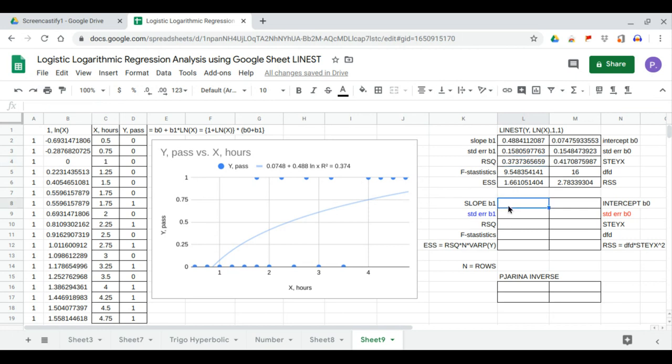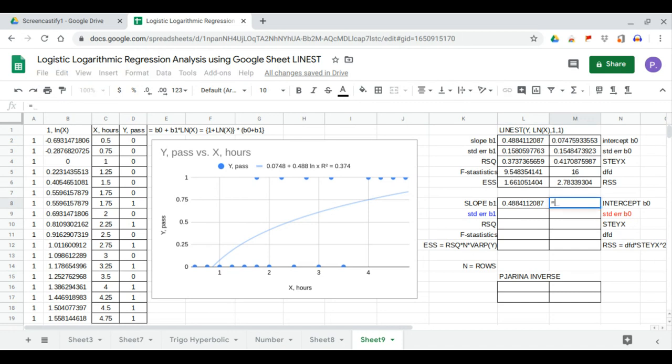We can now calculate the b1 by using the slope formula, which is data y and data x. Our data x will be ln x. So our slope is 0.4884, matches our LINEST output.